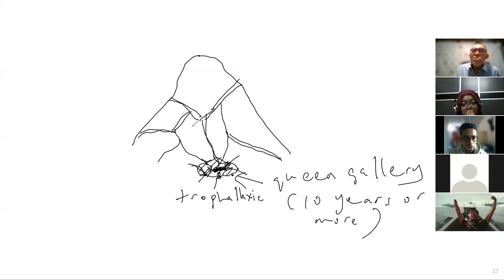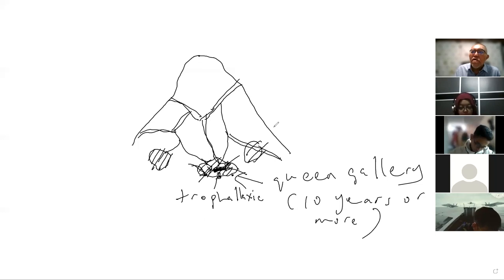And then you have this gallery, and throughout the gallery you have what's called the fungal garden. This is where the termite cultivates fungus.